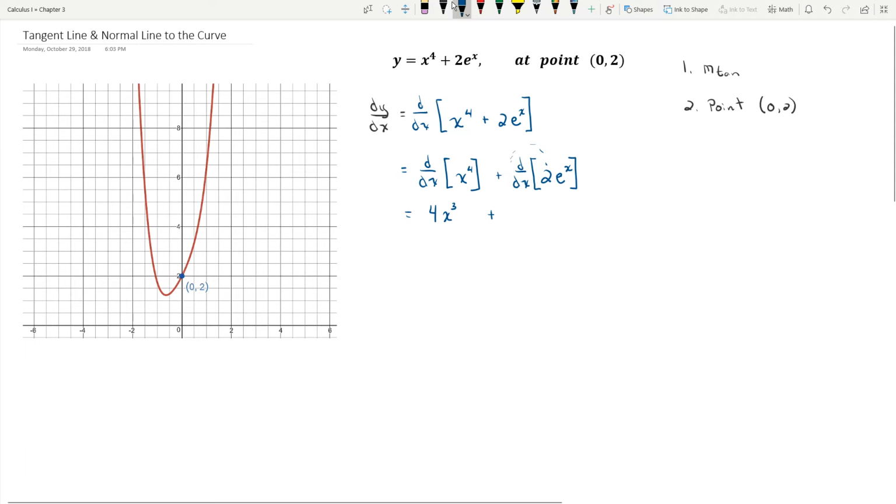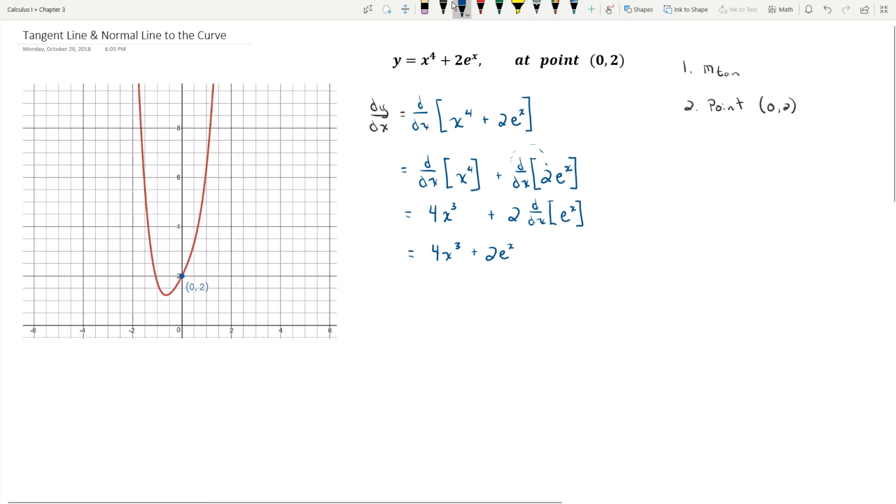So we'll take a constant out, and we'll say that this is plus 2 times the derivative with respect to x of e to the x. Well, we learned that this natural e to the x, when we take the derivative of it, is that unique function that is simply e to the x. Therefore, we can say that we have a derivative function that is 4x to the third plus 2e to the x.